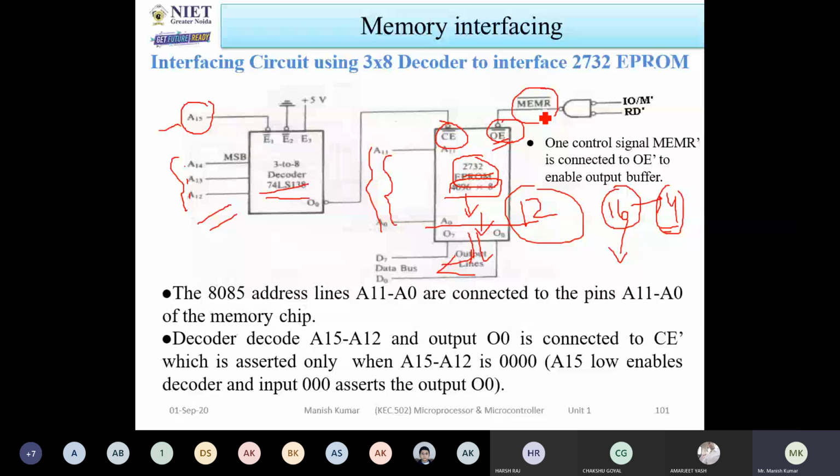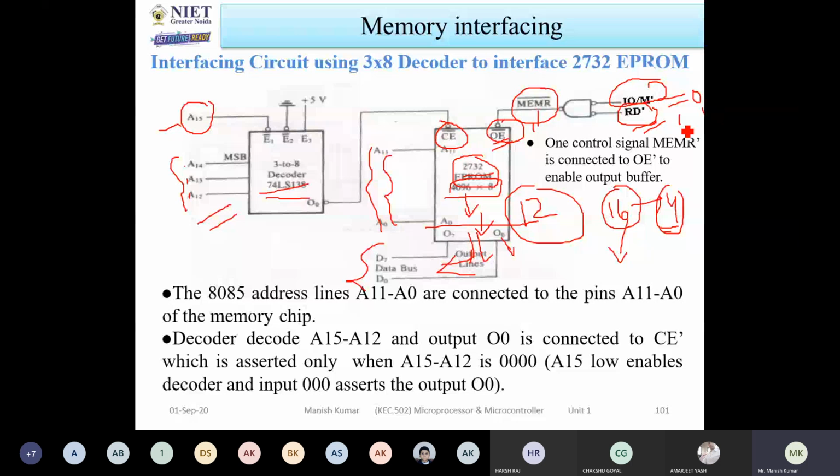Now you already know about the memory. The IO/M bar pin value is equal to 0, and next, as I am going to read the memory, this is the RD bar signal. So both inputs will be 0, 0.